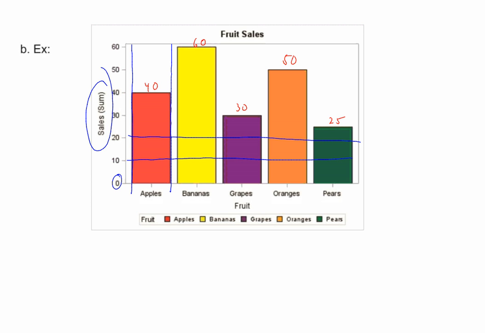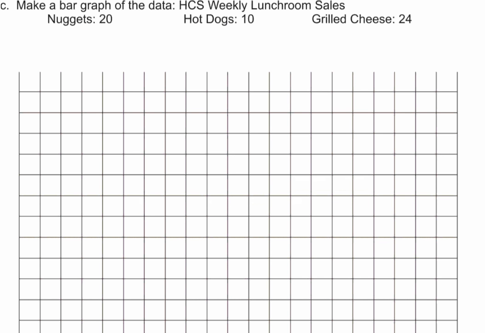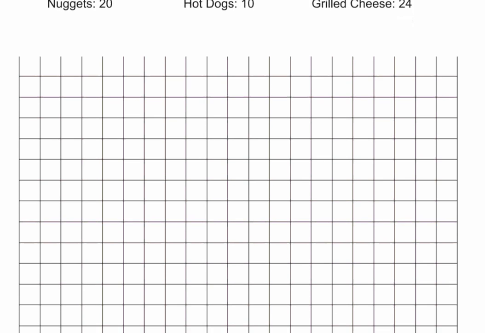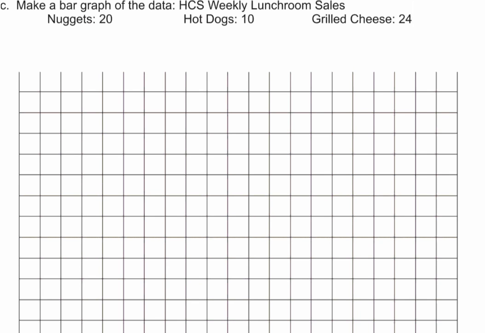Okay, so I think we got one to make, right? So let's make a bar graph of the data. HCS weekly lunchroom sales. Nuggets 20, hot dogs 10, and grilled cheese 24. All right, so how are you going to do this? And let me get my page smaller so you guys can see it better.